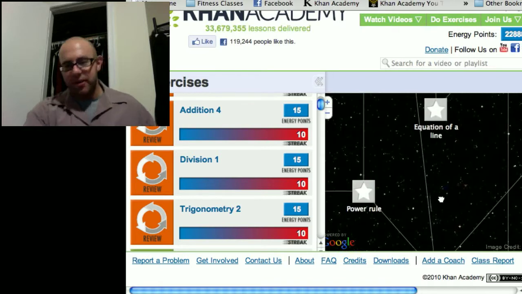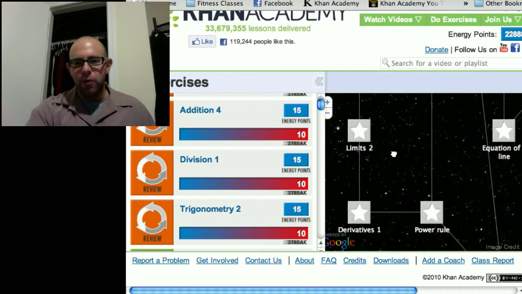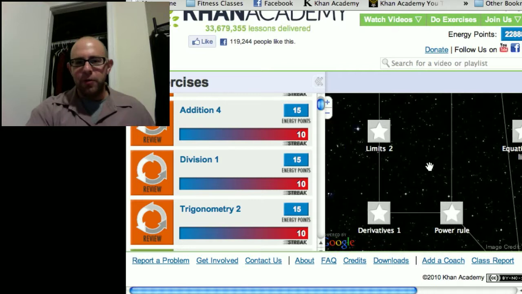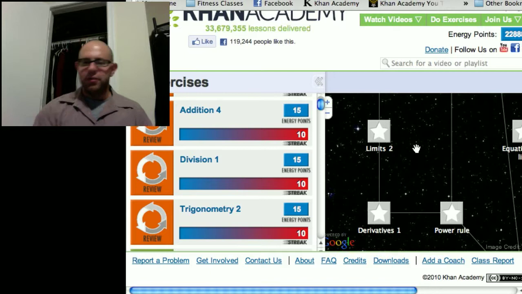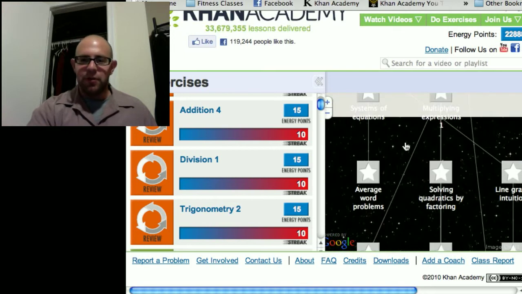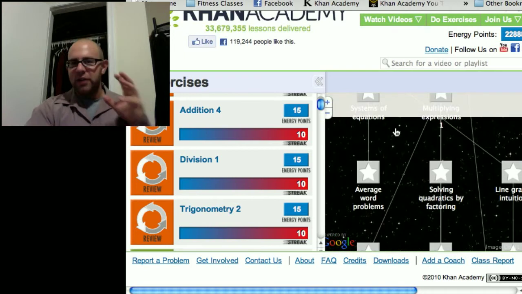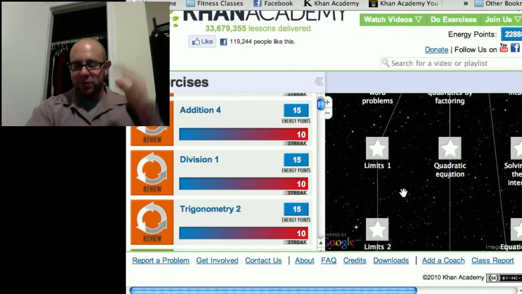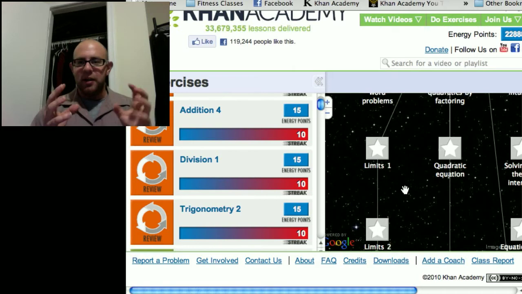So essentially, even if you're having trouble with calculus or something, even if you start at 1 plus 1 is equal to 2 and progress all the way through this knowledge map, you start with the basic elementary math and progress through, you're going to find exactly where your weak points are.